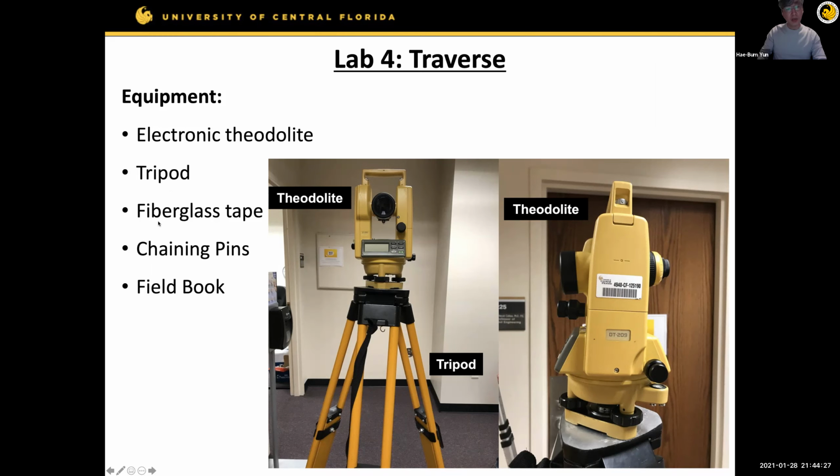Also, we're going to use a fiberglass tape, chaining pin and the field book. Using the theodolite, we measure the angles, and for the distance we use the fiberglass tape.